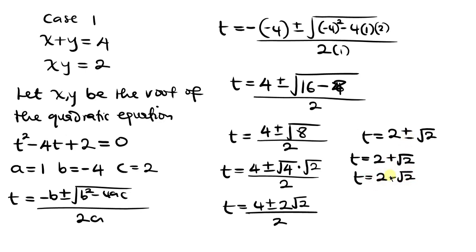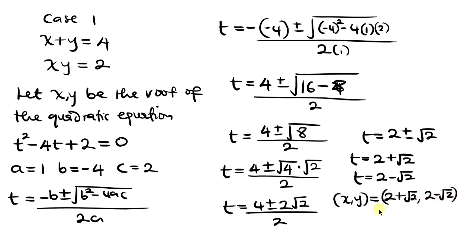And these are the roots. Which means that the values for x and y here, we can take the first one to be x, 2 plus root 2, and we take the second one to be y, 2 minus root 2.